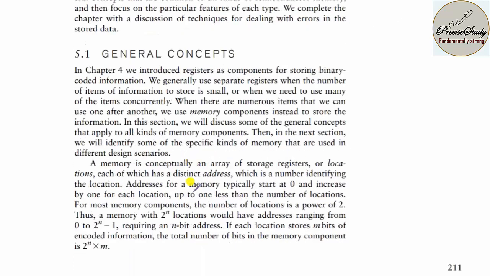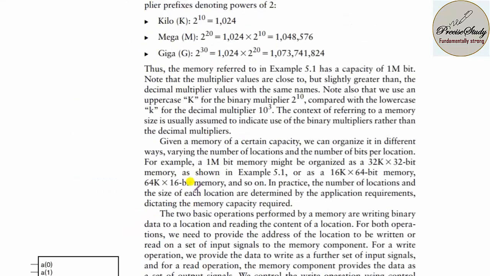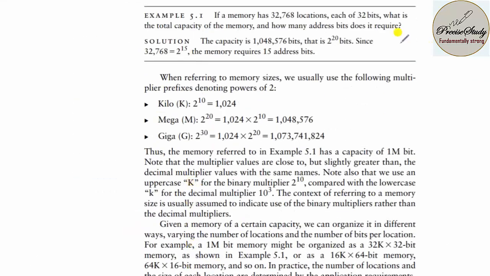Next, let us talk about general concepts. In this general concept, you need to talk about memory size. Memory size is usually expressed as 2^n × m, nothing but these many locations will be there, and in one location you are going to store m bits of information.